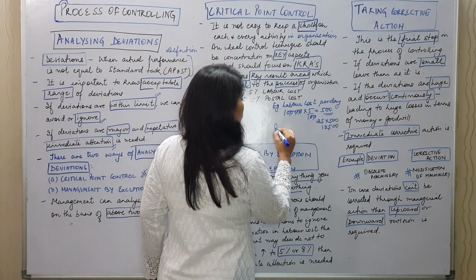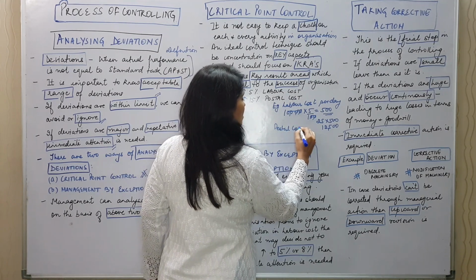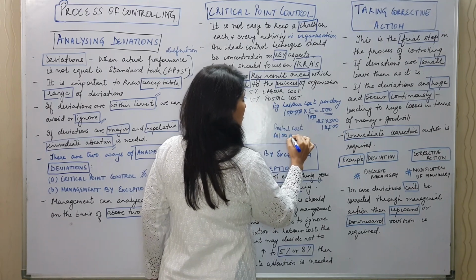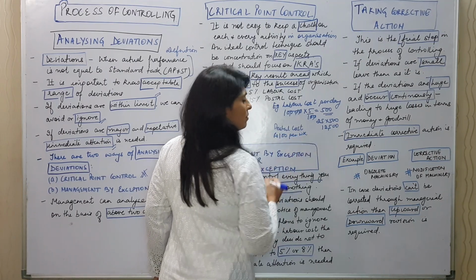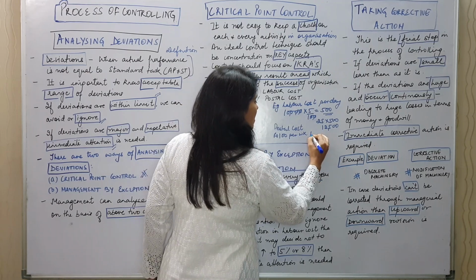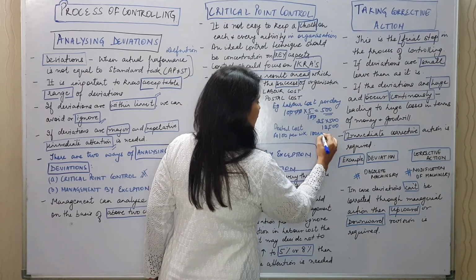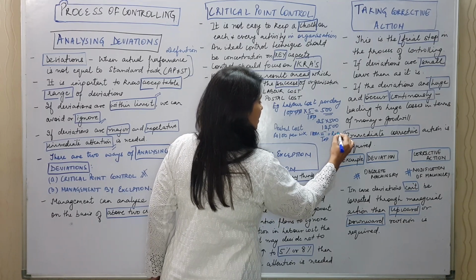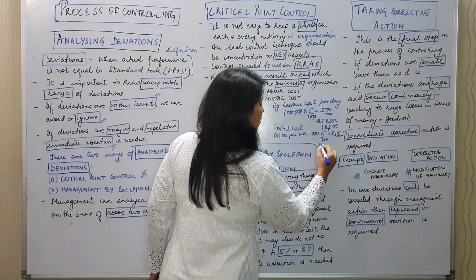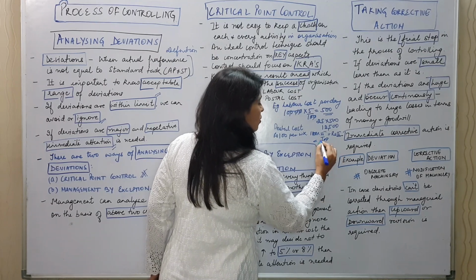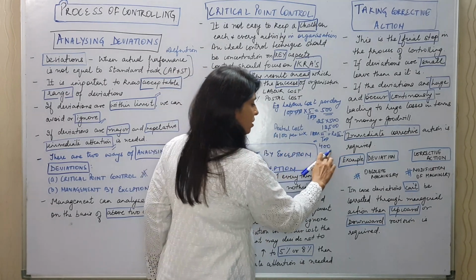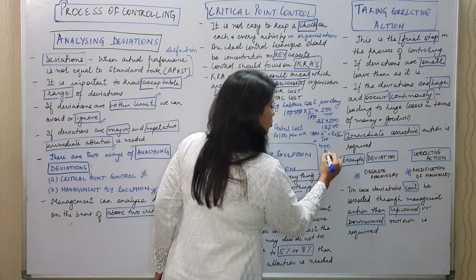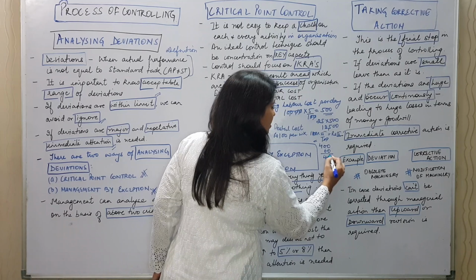Whereas postal cost, let's suppose, is 100 rupees per week. If it increases, it will increase by 100 into 15%, that is 15 rupees. That means 400 is the total cost for the whole month, and you add up 60 rupees more, 460.